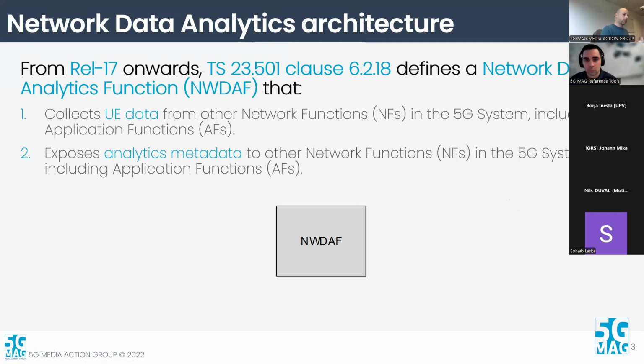the SA2 group in 3GPP in release 17 defined this thing called the network data analytics function. And the idea is that this would be a function that sits in the 5G core and collects information from all the different network functions in the 5G core and analyzes it, and then produces information that can then be consumed to maybe improve the network.